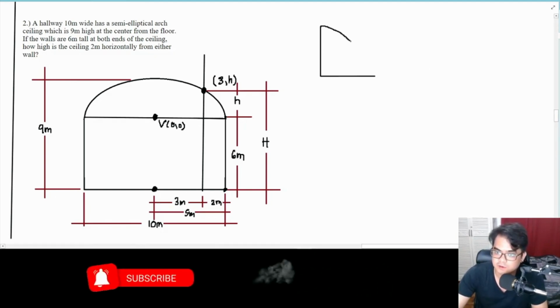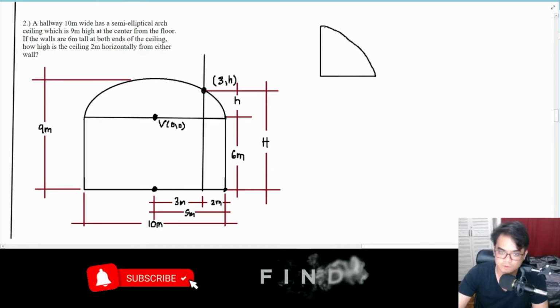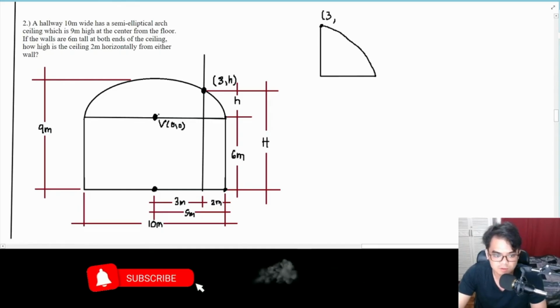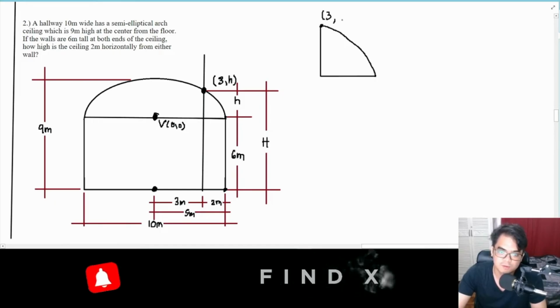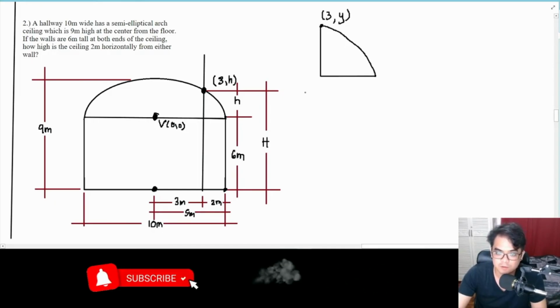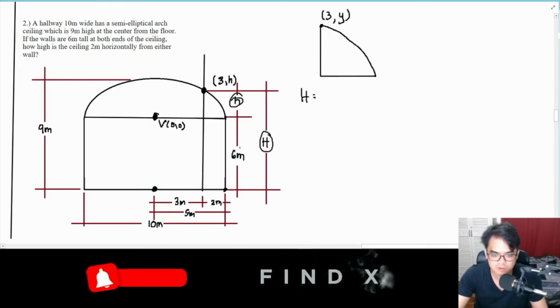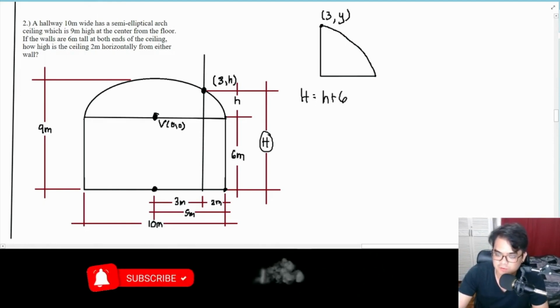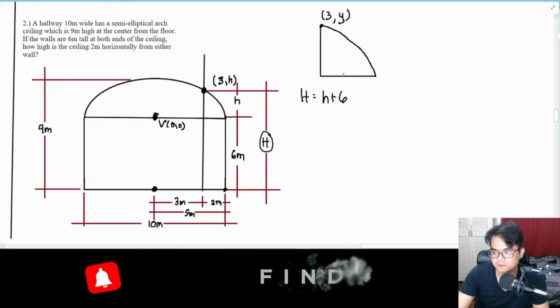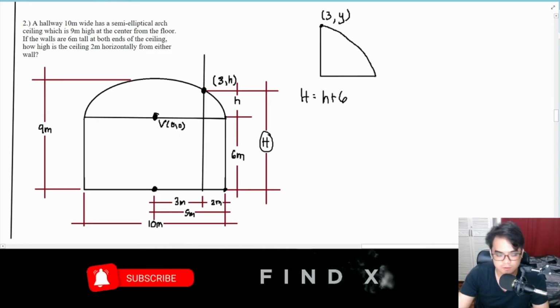Let's say that this is the arc, right? Since this is already an ellipse, if this is the vertex, then this is 3, not h; you can replace it by y. And then the capital H is just h plus 6. So this is h plus 6.